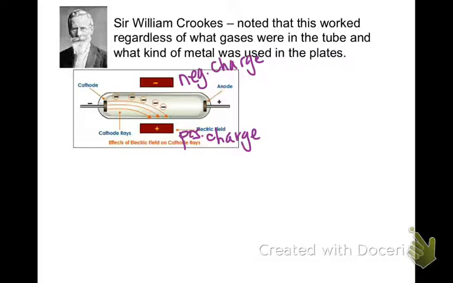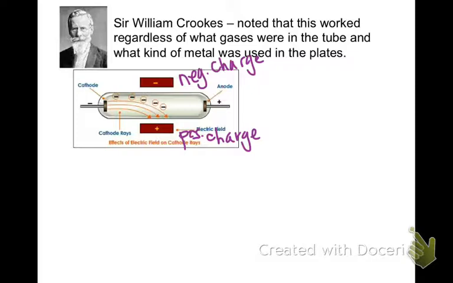So the electric current was basically deflected, and because a magnetic field only works on matter, they were able to conclude that whatever matter was in this had a charge and it was smaller than an atom, meaning there was a smaller piece of matter than the atom, something with a negative charge.